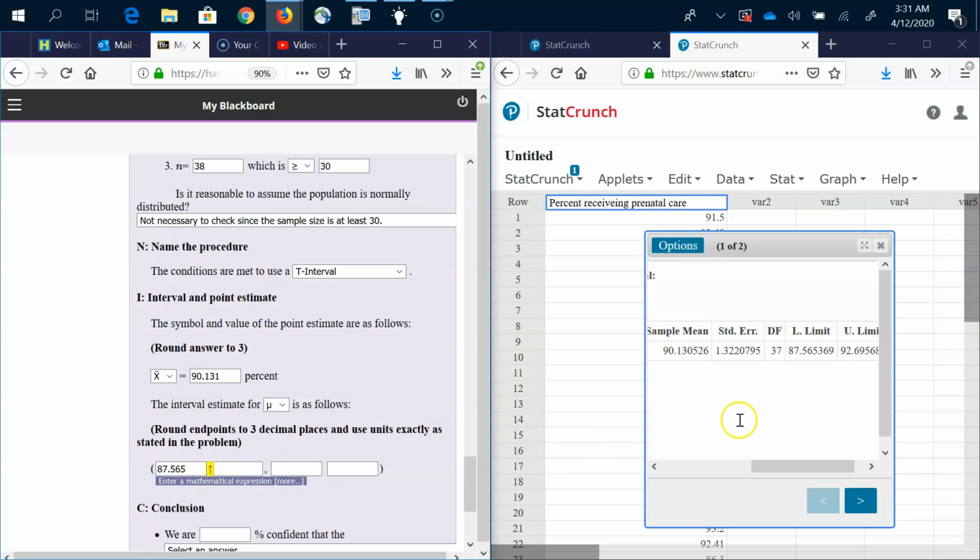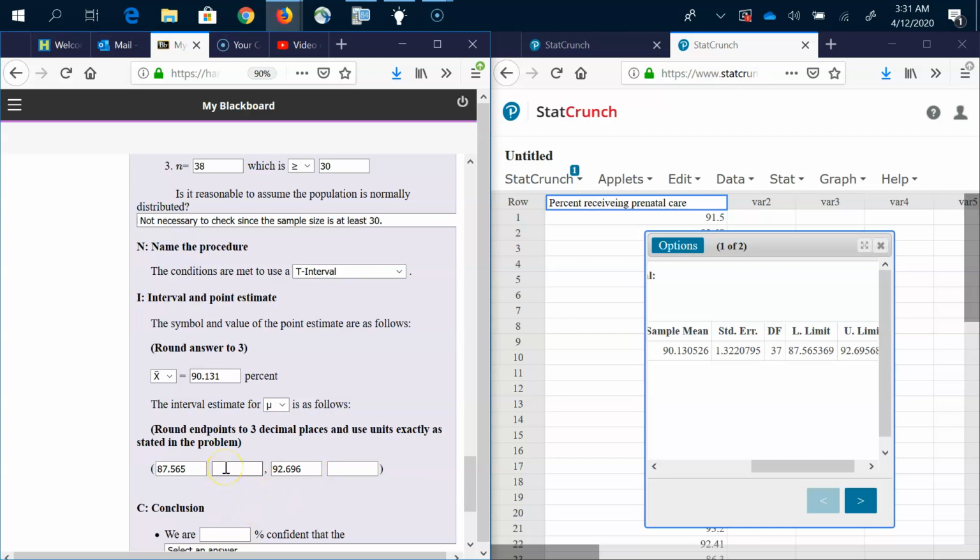And I'll check the lower limit there. There's 5 in the 3rd decimal. Look to the right, it's a 3, so its upper limit is 92.695. There's a 6, so I'm going to round the 5 to a 6. So this would be 92.696.